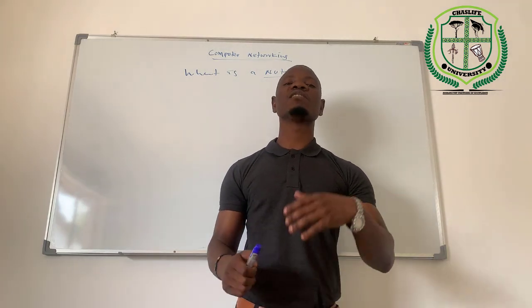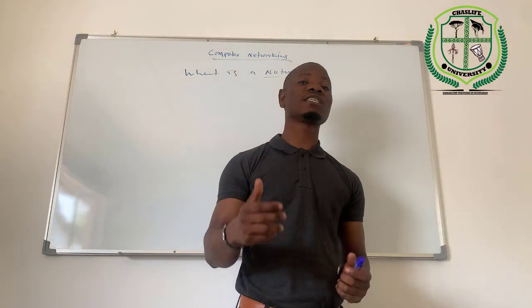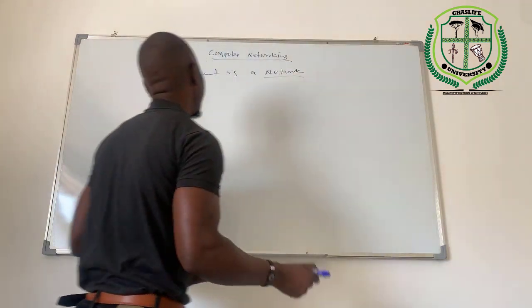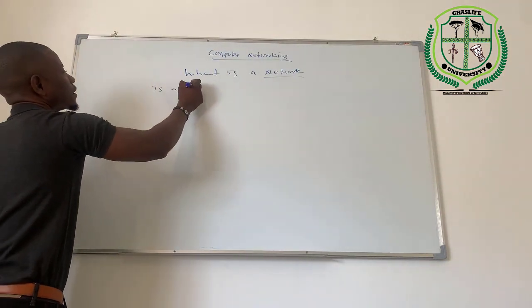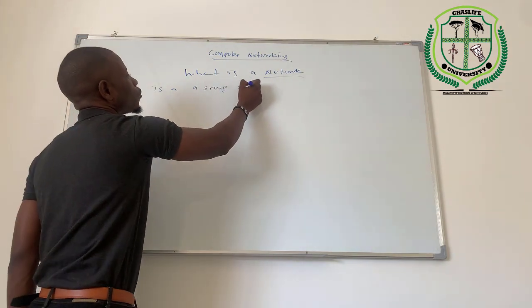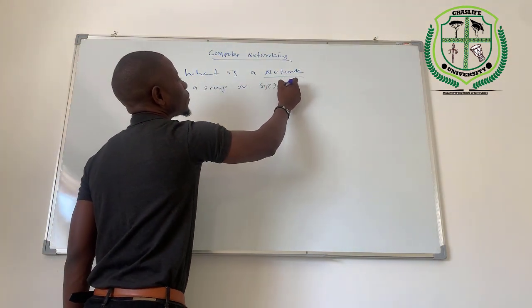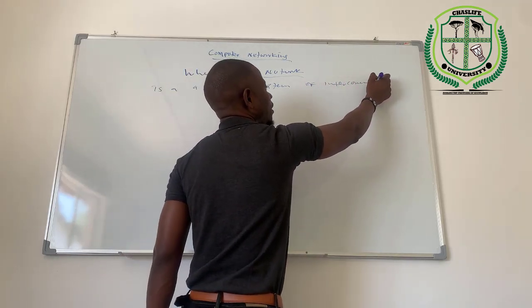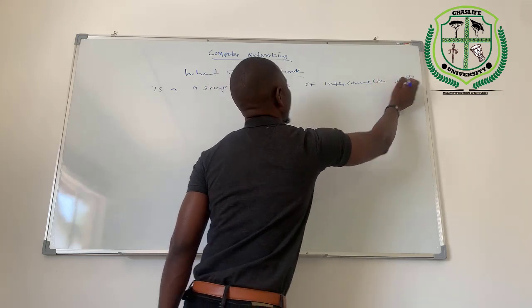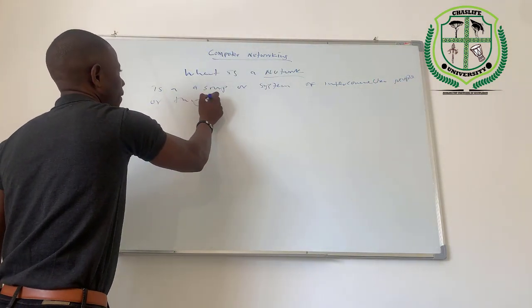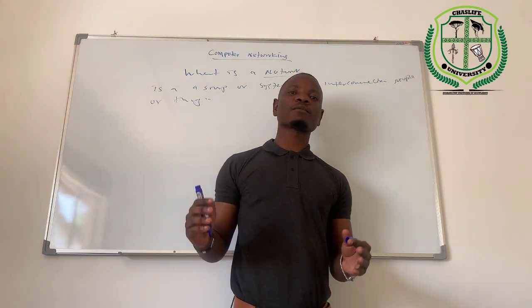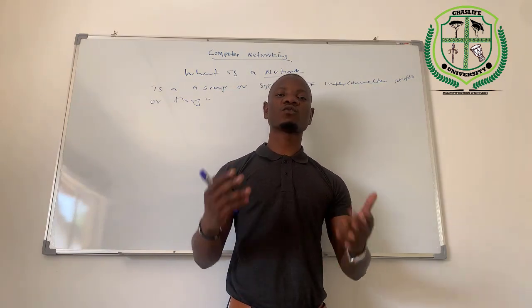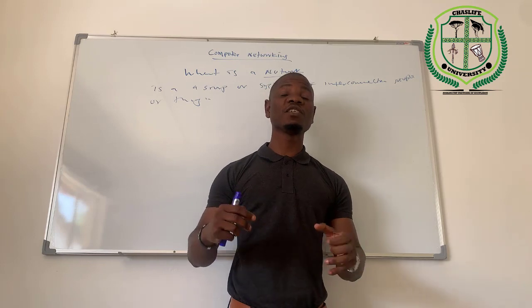A group or system of interconnected people or things defines what we call a network. That is just the definition of a network.